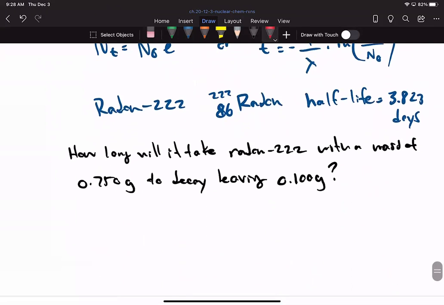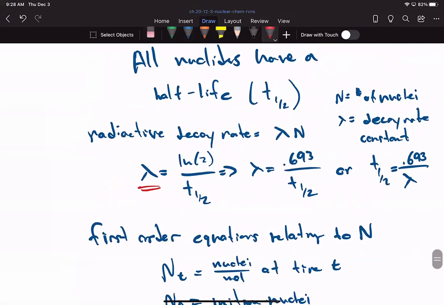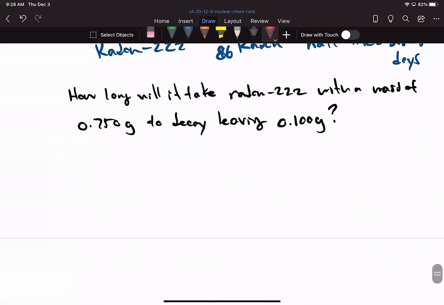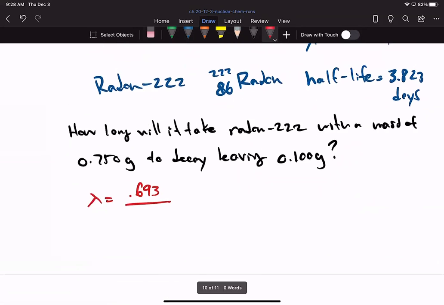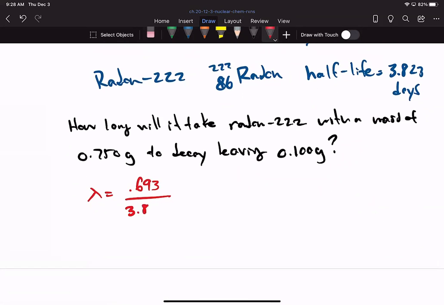We know the half-life, so our lambda is equal to 0.693 over 3.823 days. 0.693 divided by 3.823, and I get 0.1813 per day. Not tough there. All right.